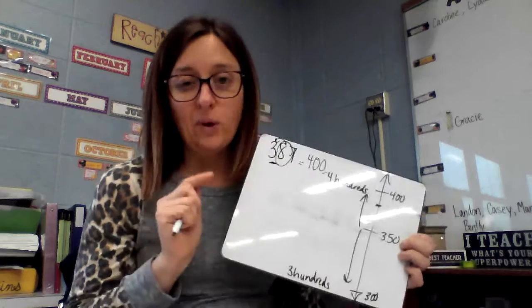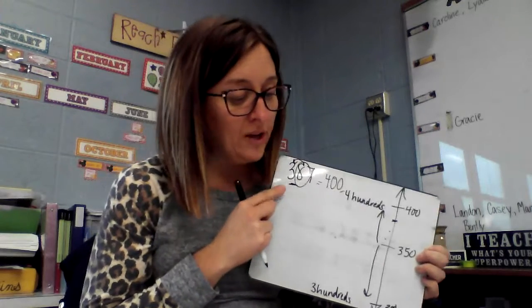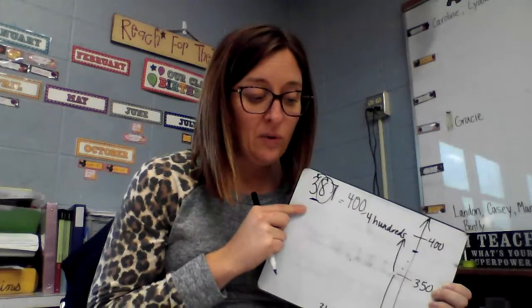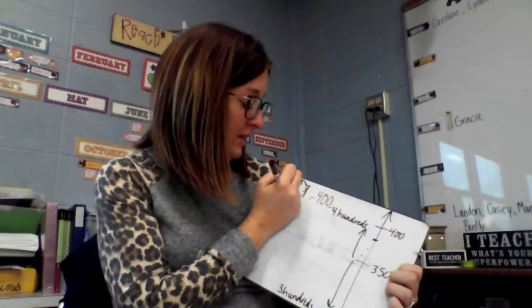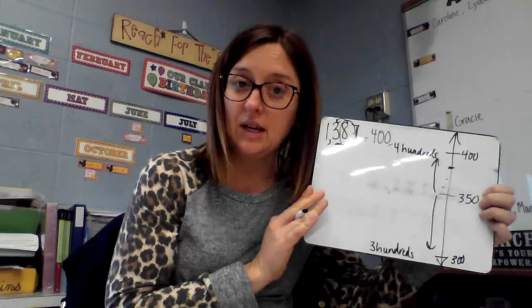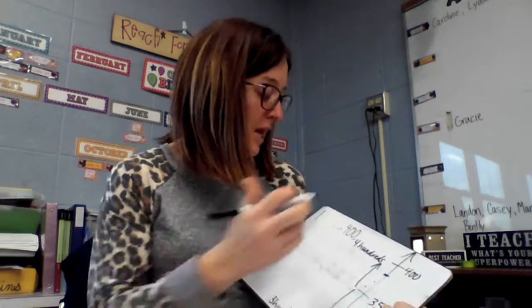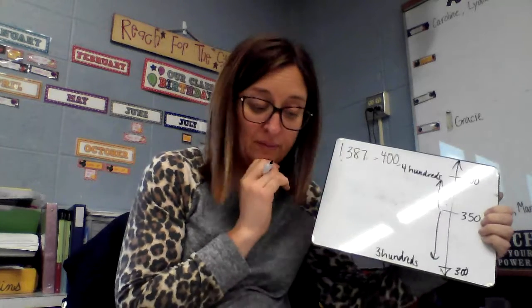Now, what if, boys and girls, what if we took this number, this 387, and instead of it being 387, we were rounding 1,387 to the nearest 100. So this time in the number 1,387, how many hundreds are there in 1,387?